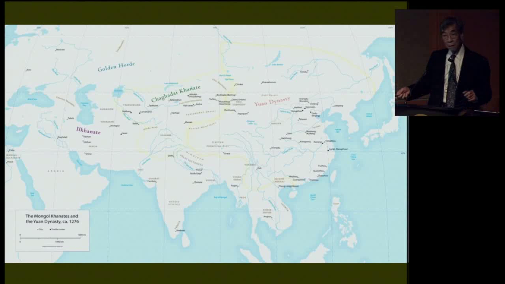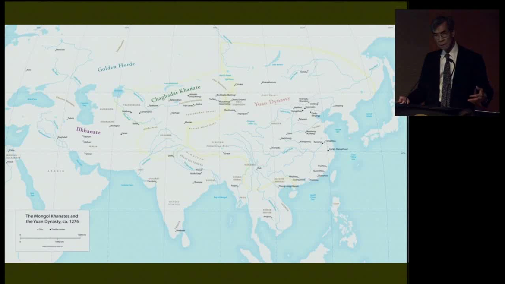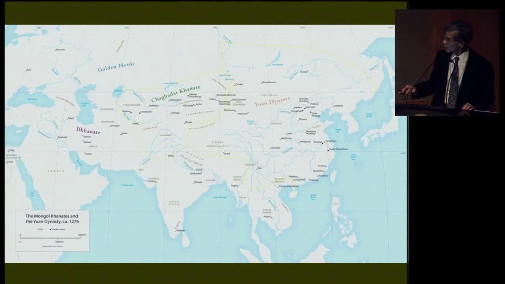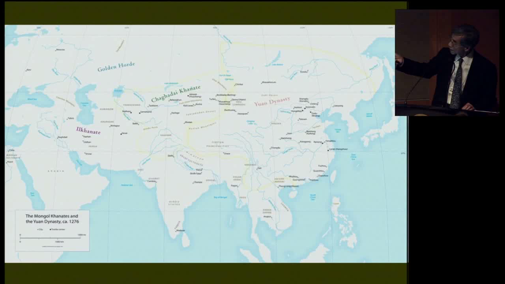Now, when Kublai declared himself, in 1260, the Great Khan of the Mongol Empire, his cousins in other parts of the Mongol empires did not agree, and especially in this area, which became the Chagatai Khanate, the descendants of Kublai's uncles would be stirring a lot of trouble, and there would be a lot of fighting, a lot of civil war, which raged along this area, the border between Yuan and the Chagatai.